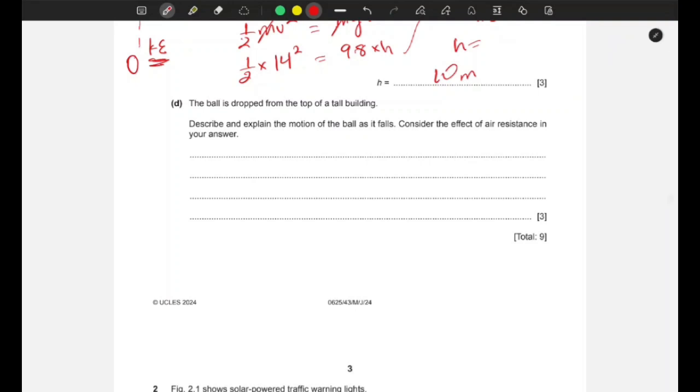The ball is dropped from the top of a tall building, so we know that it's free fall. Describe and explain the motion of the ball as it falls. Consider the effect of air resistance. So this time there is air resistance. At first the ball increases its speed, or accelerates.